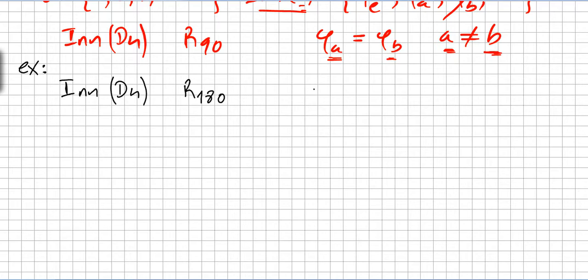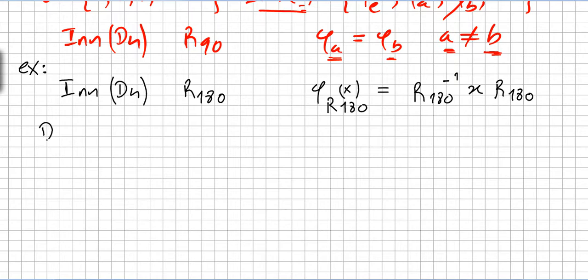Because now you have phi of x for the rotation of 180 degrees, so you will have the rotation of 180 degrees in the inverse sense, then x, and then rotation of 180 degrees.